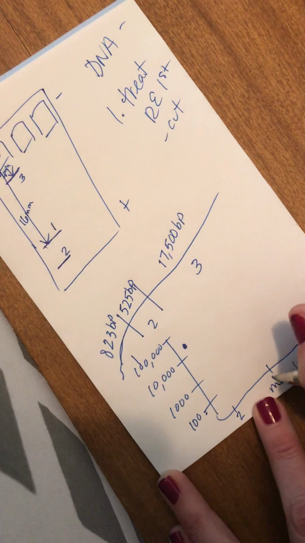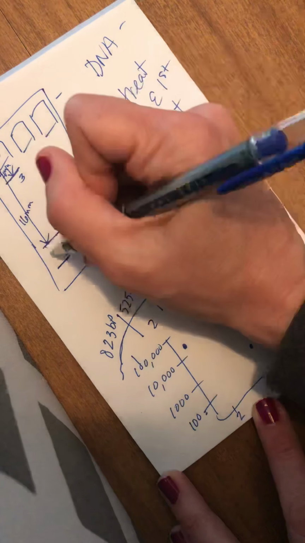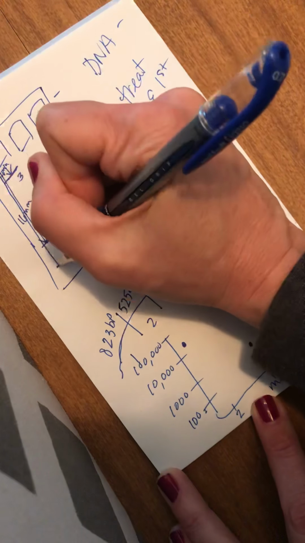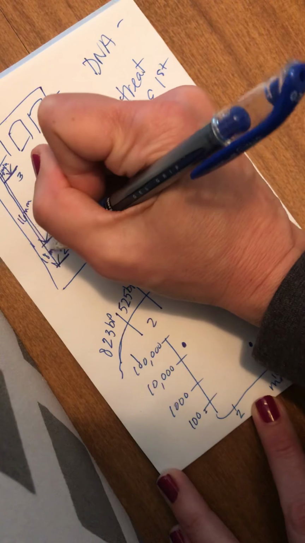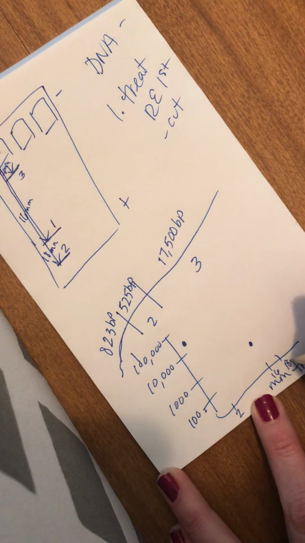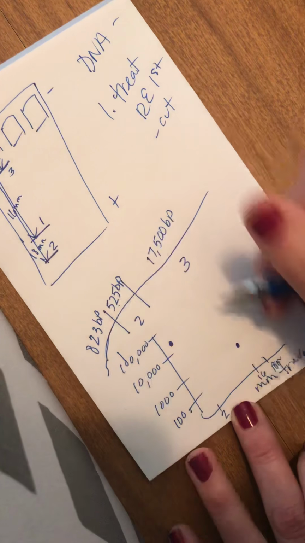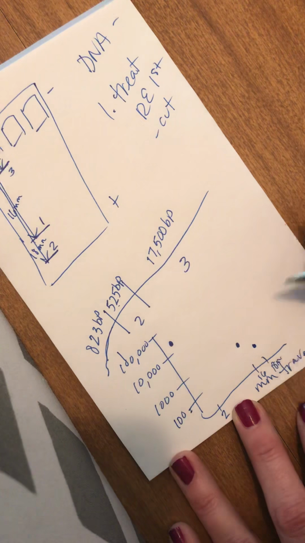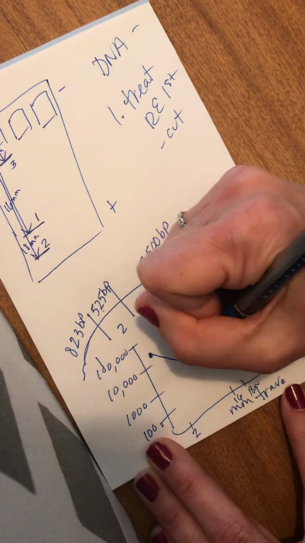So I go over here to 16 millimeters, and I know it was 823 base pairs, so I mark that point. And then let's say this one traveled this far. This was 18 millimeters, and I know that was 525 base pairs, so I mark it right here. Then I make a best fit line.